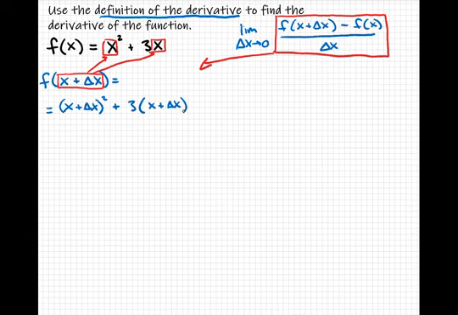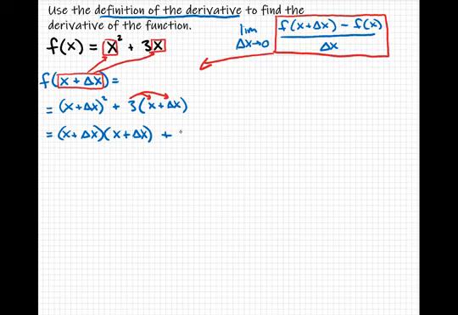So we have to do some multiplying and some combining like terms. We have to FOIL this out. So that's x plus delta x times itself, x plus delta x, plus, and we can distribute the 3.